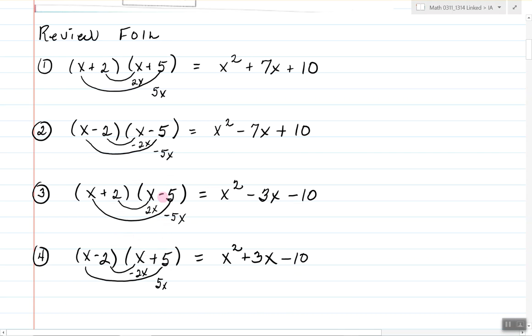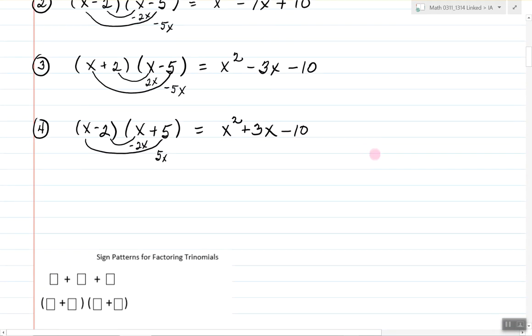If the larger number, 5, instead of 2 is the negative, then that difference is negative for the middle term. If the larger number, 5, is positive, then the middle term is positive. We're going to try to remember some of those characteristics.